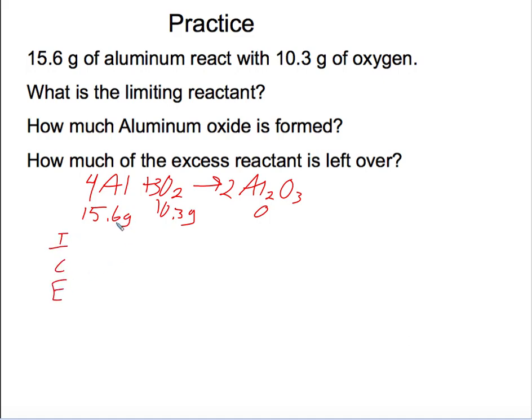So moles of aluminum, 15.6 divided by the molar mass of aluminum, which is 26.98, I believe. You should get 0.578 moles. For oxygen, 10.3 divided by 32 is 0.322 moles.